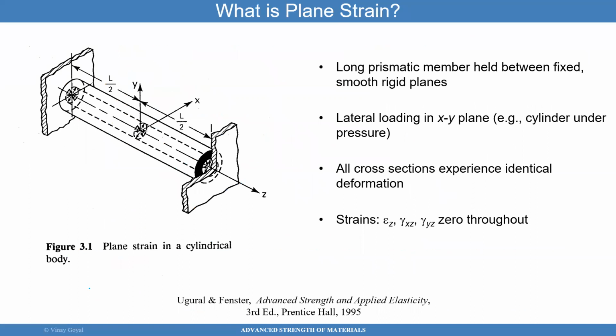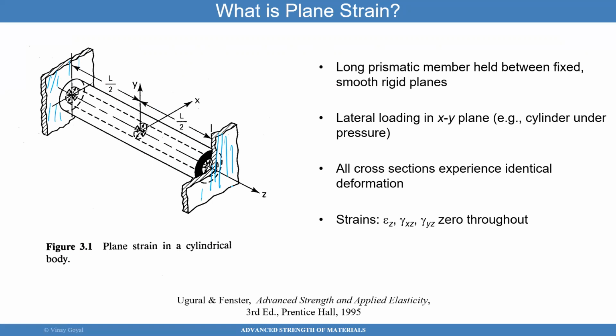Now let's look at the condition for plane strain. So what is plane strain? On the top left, I show an image from the third edition of Ugural and Fenster, Advanced Strength and Applied Elasticity book from 1995. What I'm showing is a long prismatic member that's fixed at these surfaces, this one and this one.